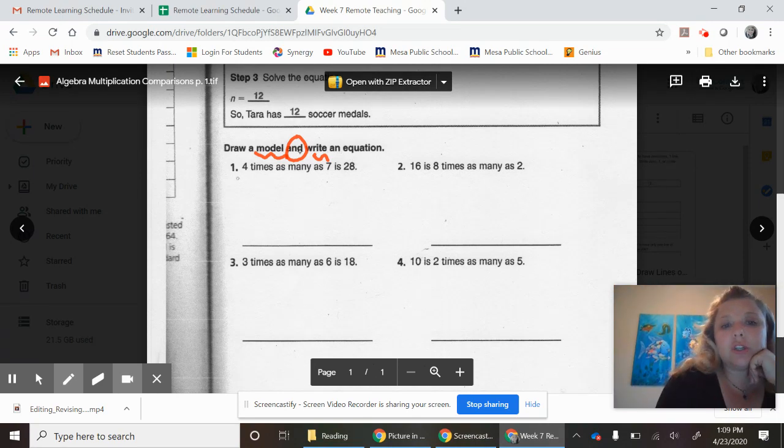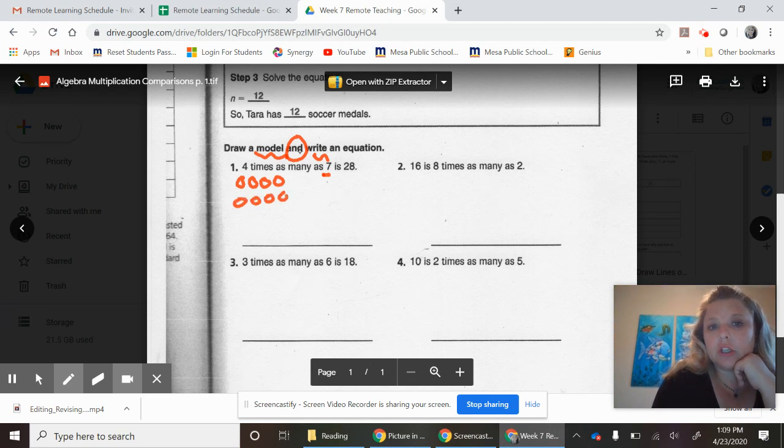And if I show circles, I have 4, 1, 2, 3, 4, but then as to 7. Well, okay, that's interesting, but I need 4 of those to represent 7. So here is 1 pod. Here are 2 pods. Here are 3 pods. Here are 4 pods, 5 pods, 6 pods, and 7 pods.